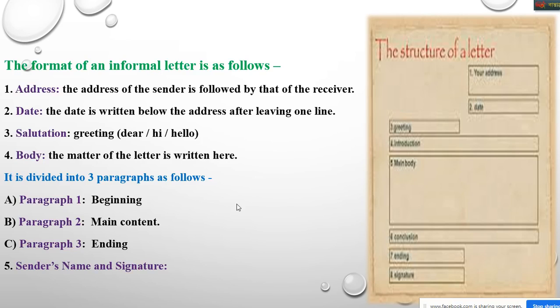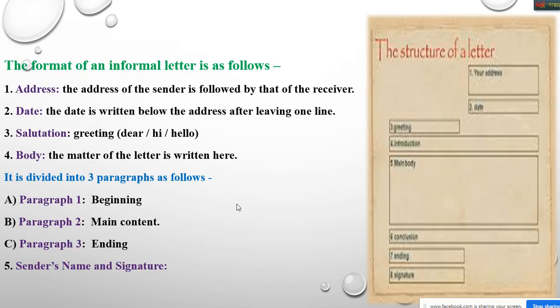But there is another piece of information for you, in terms of style. Sometimes we follow British style and American style. The structure that is given here is exactly British style.